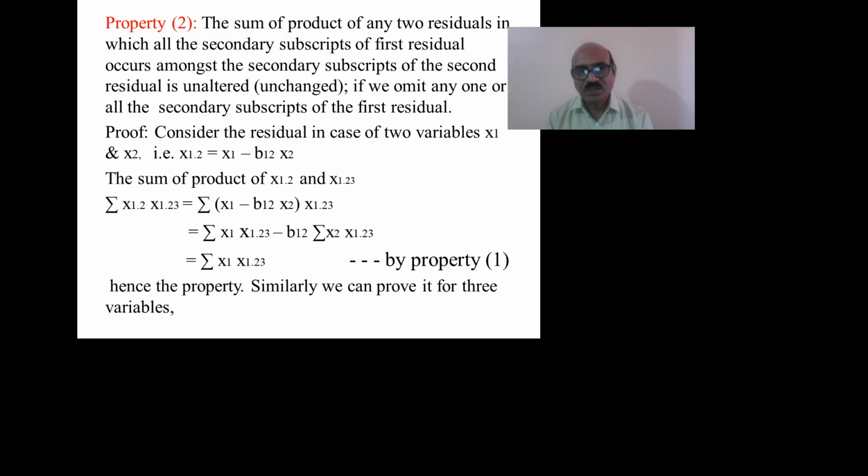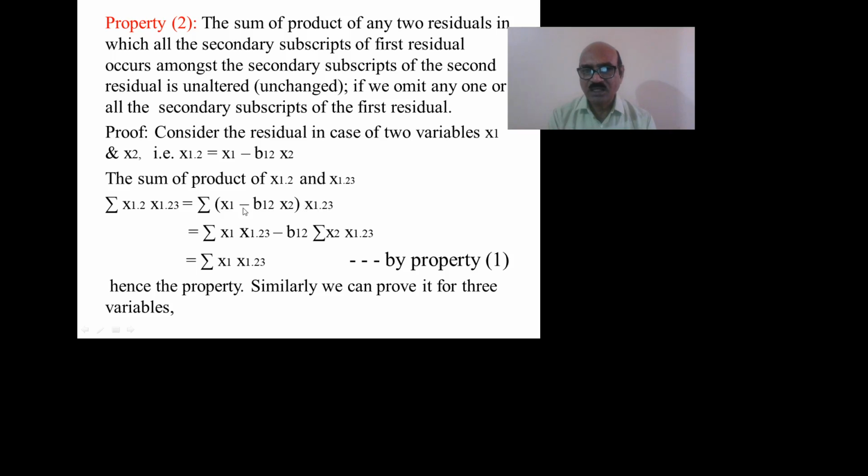Consider the proof of this. Consider the residual in case of two variables, that is x1 and x2, given by this expression: x1.2 equal to x1 minus b12 x2, and x1.23 is for three variables. Now we'll take the sum of product of x1.2 and x1.23. This expression for x1.2 I have substituted here, and this is x1.23.